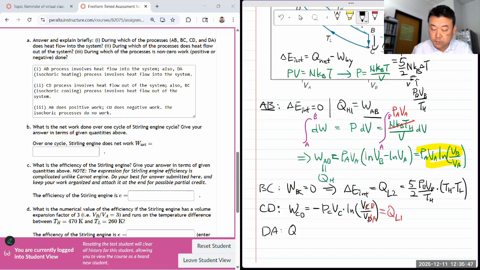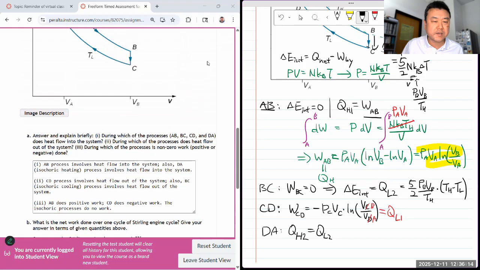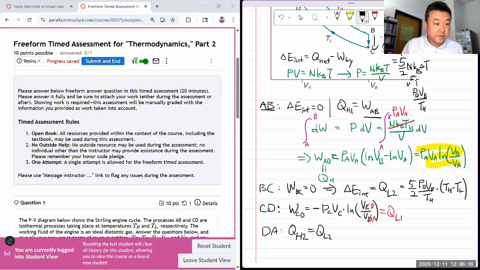And here for D to A, the QH2 heat input is actually equal to QL2. I wrote that as a positive quantity, right? So I can just say that is equal to QL2. These two heat transfers kind of cancel out. I mean, they don't cancel out for the purpose of the efficiency calculation, but yes, okay.